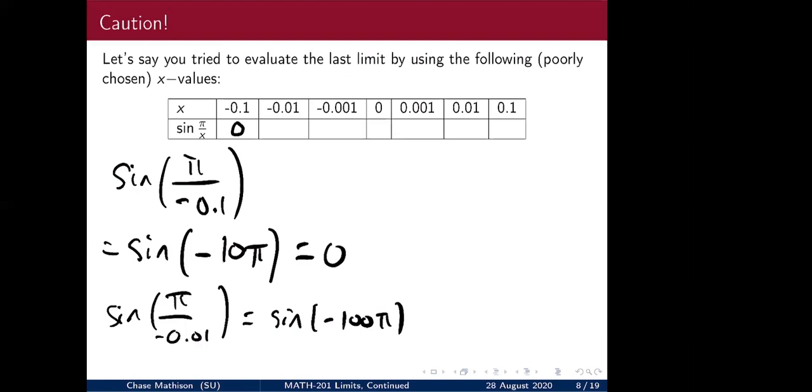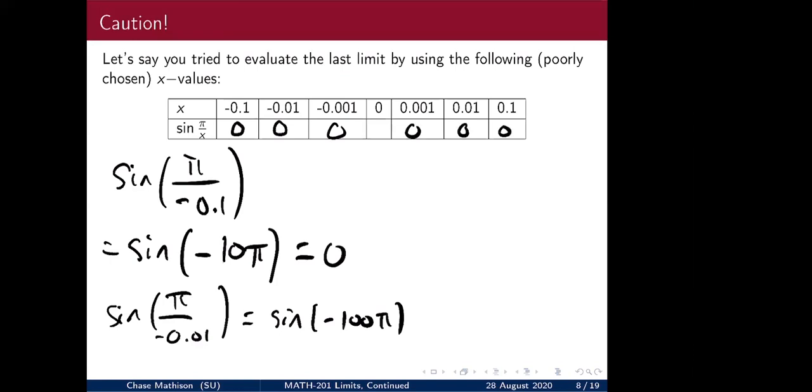That's sine of some integer times pi. So that is 0. I heard it. And what do we think the next value is going to give us? 0, that's right. And the same way over here, I'm going to get zeros for all of these.